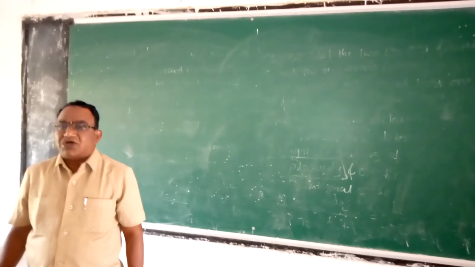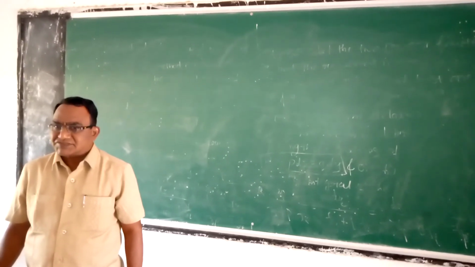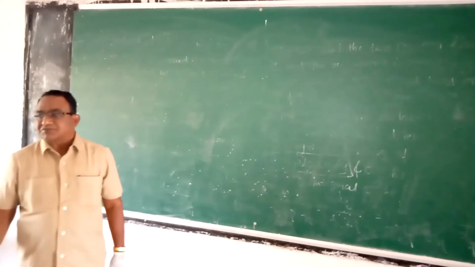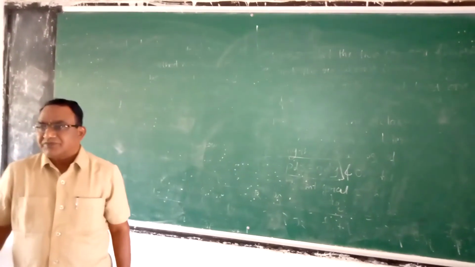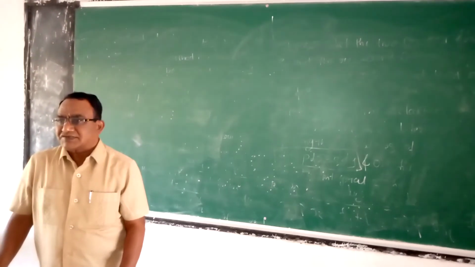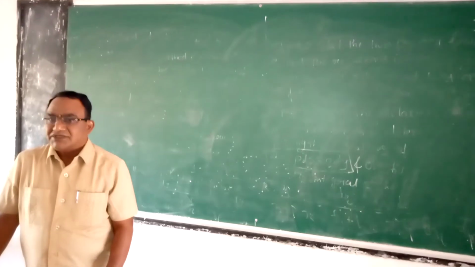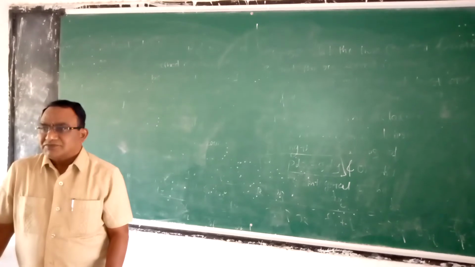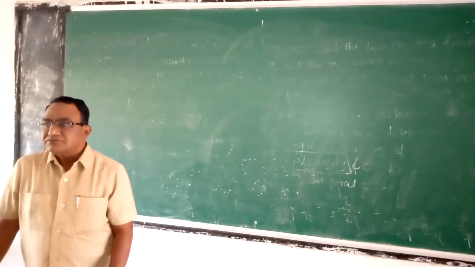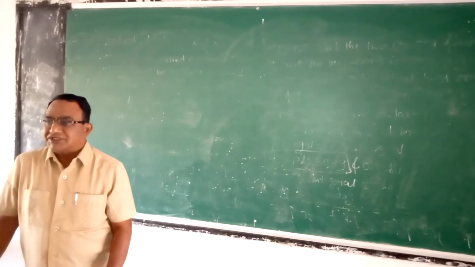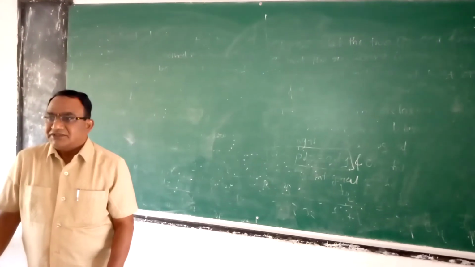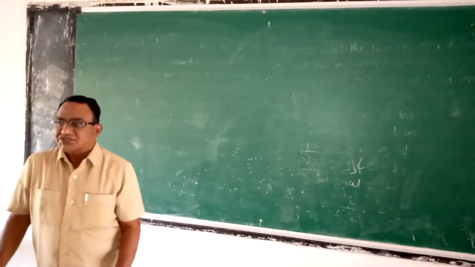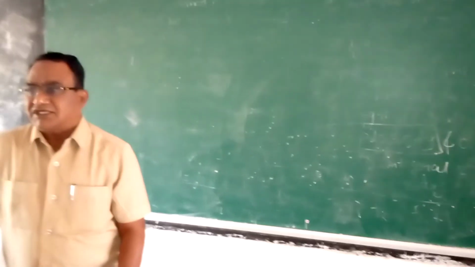Write down Charpit's auxiliary equations, namely dp/(fx + p fz) = dq/(fy + q fz) = dz/(-p fp - q fq) = dx/(-fp) = dy/(-fq). These are called Charpit's auxiliary equations.